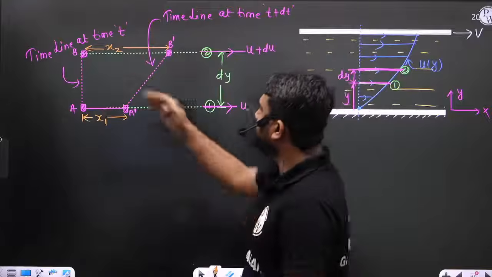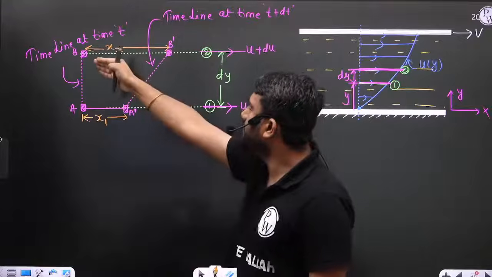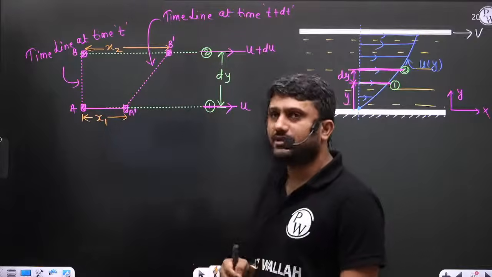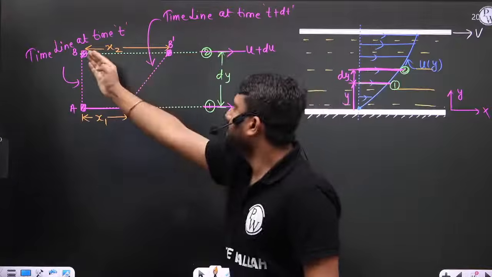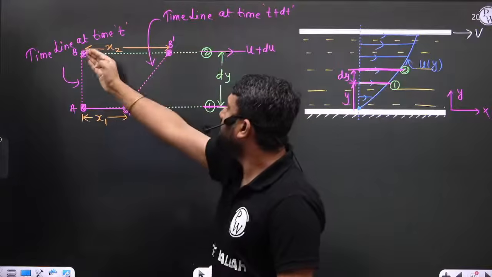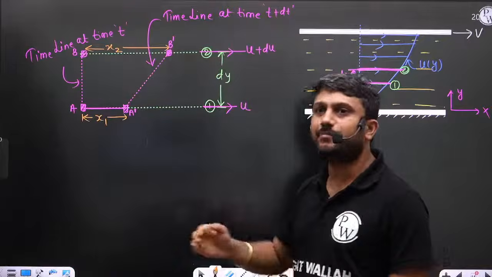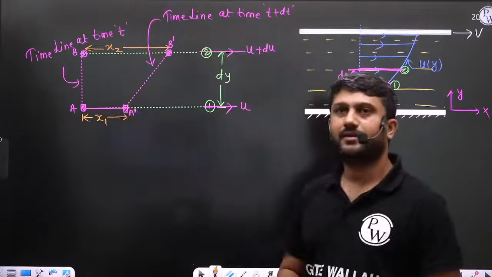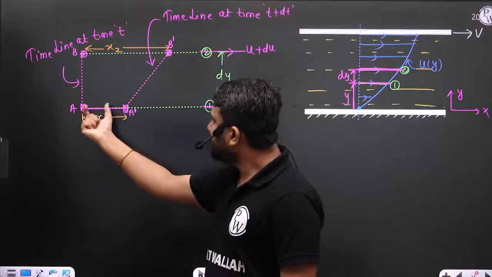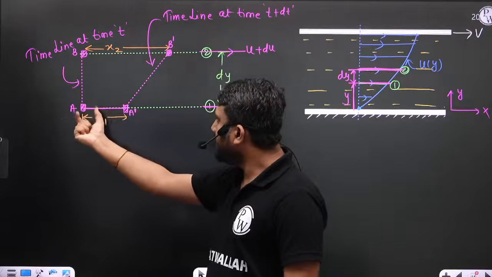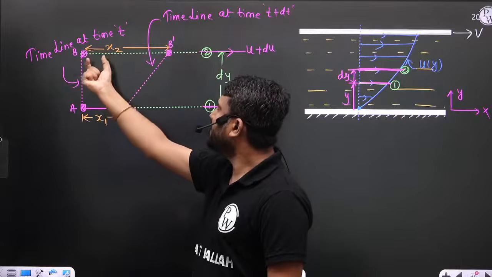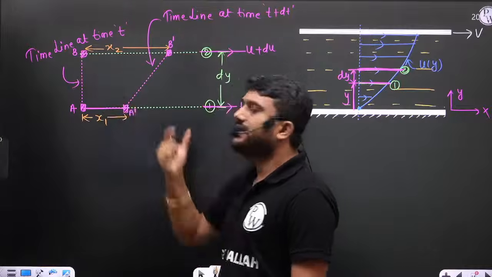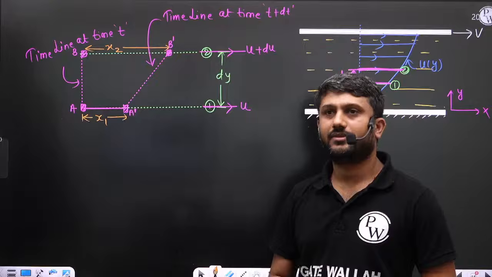Because layer number 2 has more velocity as compared to layer number 1. That's why particle B covers more distance as compared to particle A. So x1 is the distance traveled by particle A in dt time interval, and x2 is the distance traveled by particle B in dt time interval.